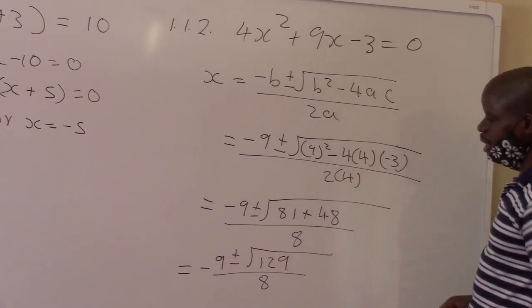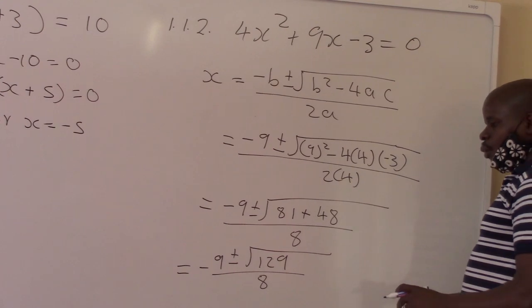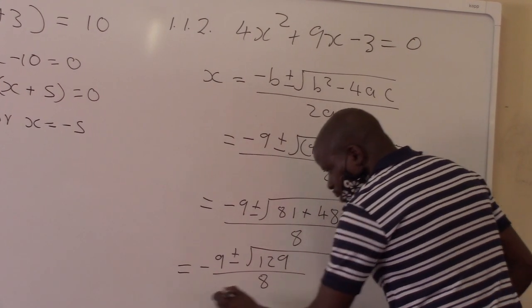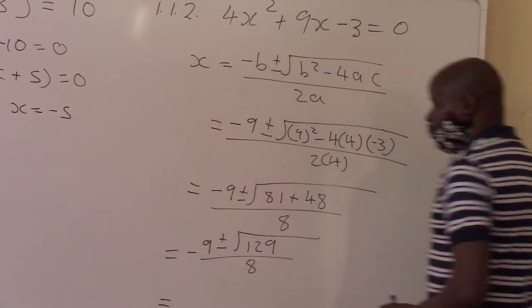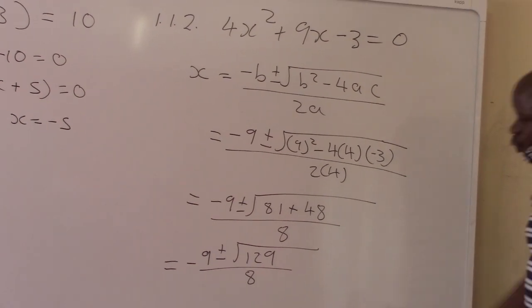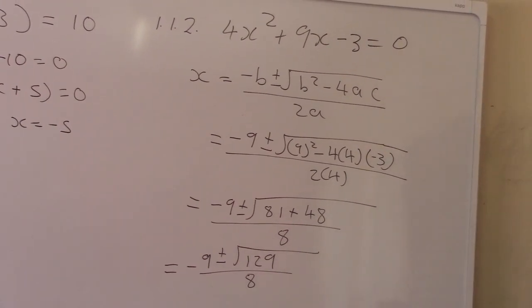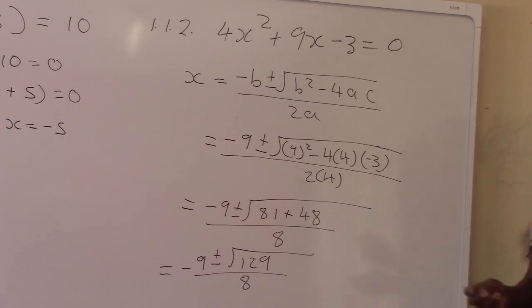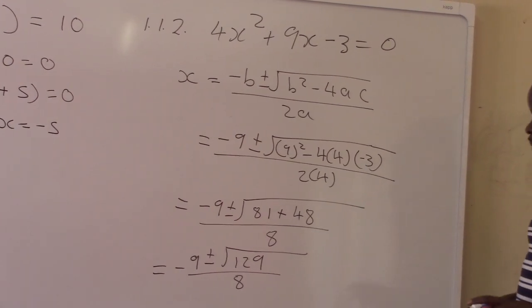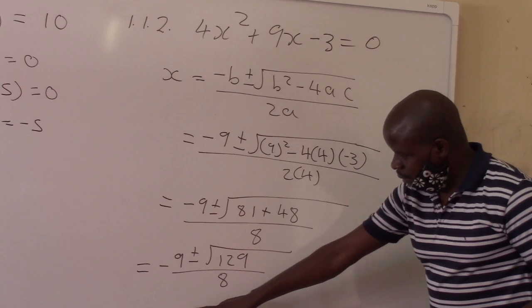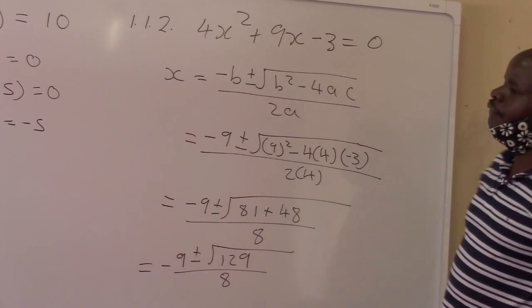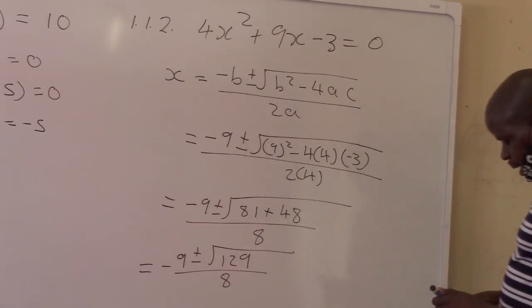There's also a mark for adding correctly what is within the square root. When you have it added correctly, that is where we have to use a calculator to find out what those values are, rounding off to 2 decimal places.